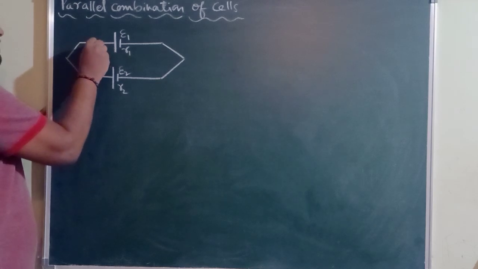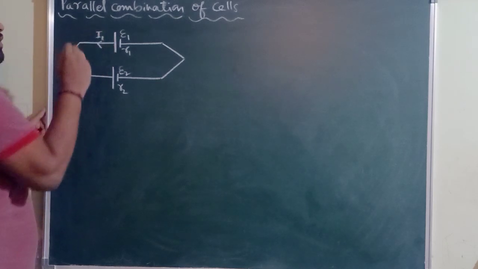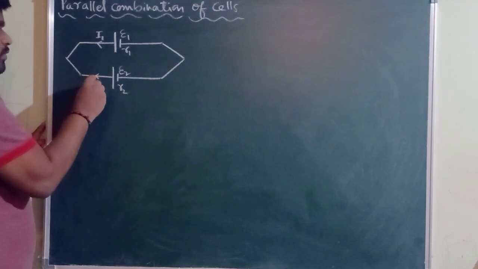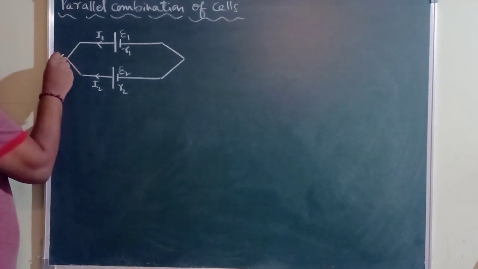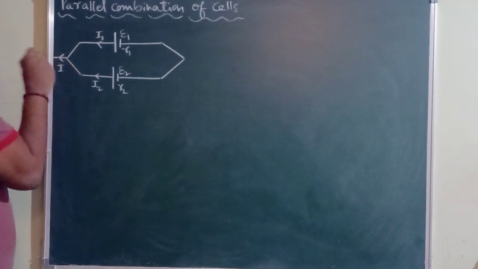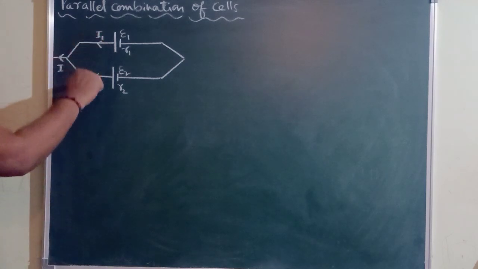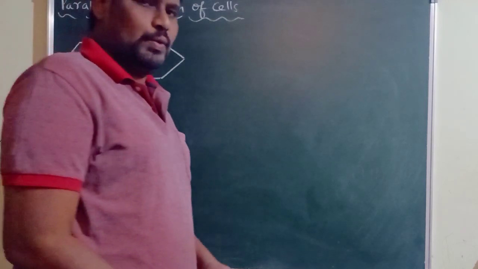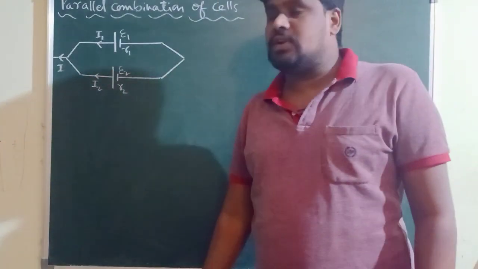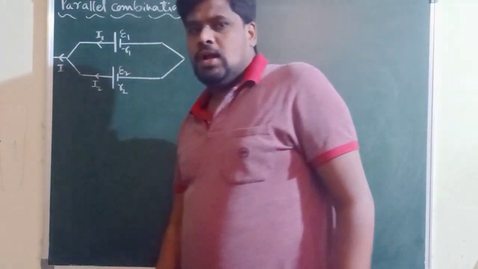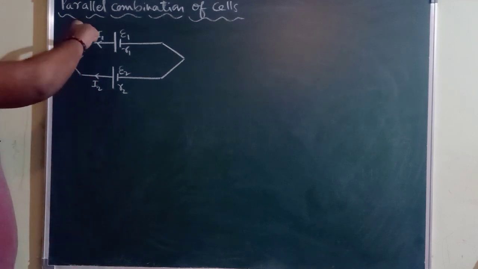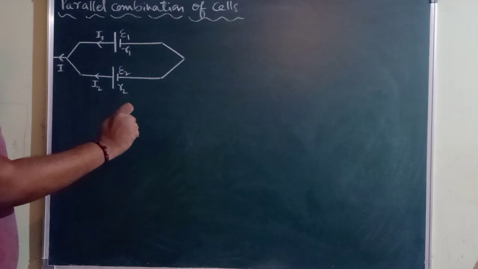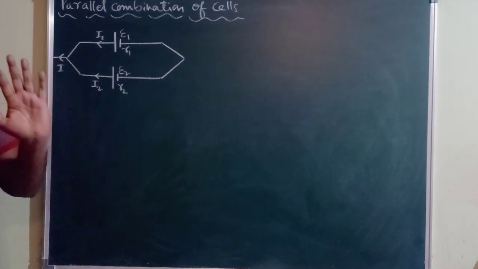but the current drawn from the cells will be different. I1 is the current drawn from the first cell. I2 is the current drawn from the second cell. Then the net current drawn from both the cells is given by I, and that I equals I1 plus I2. The total current drawn by the cells connected in parallel equals the sum of the currents drawn from the individual cells.